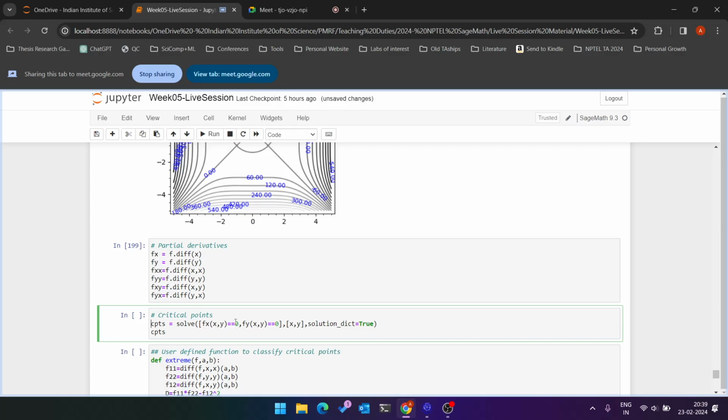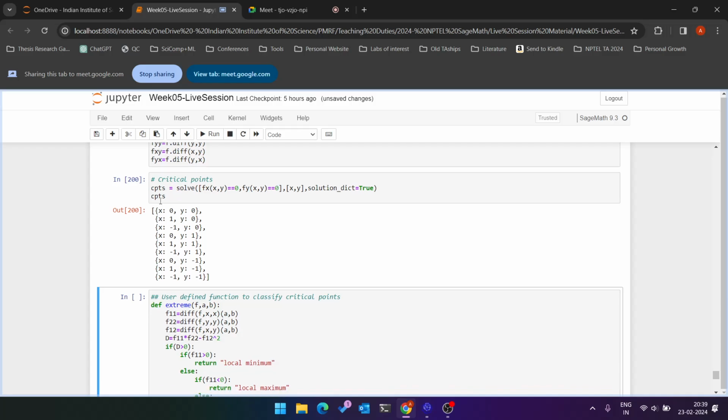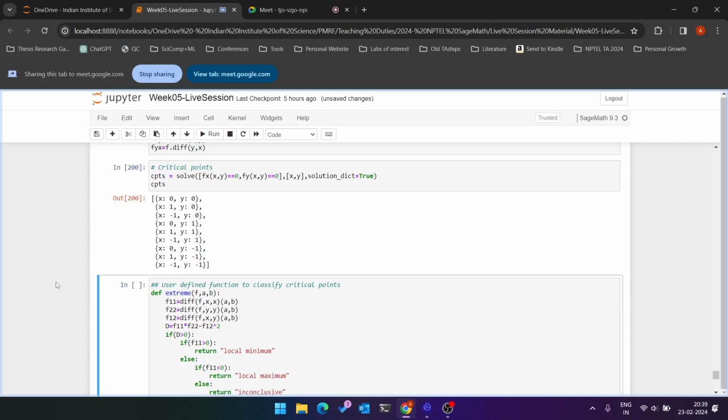Then we define critical points as the solution where the first derivative with respect to x and the first derivative with respect to y, both of them vanish. We wish to calculate solutions for both x and y and store that into the CPTS, the critical points array. So this is what we see. There seem to be a lot of points.